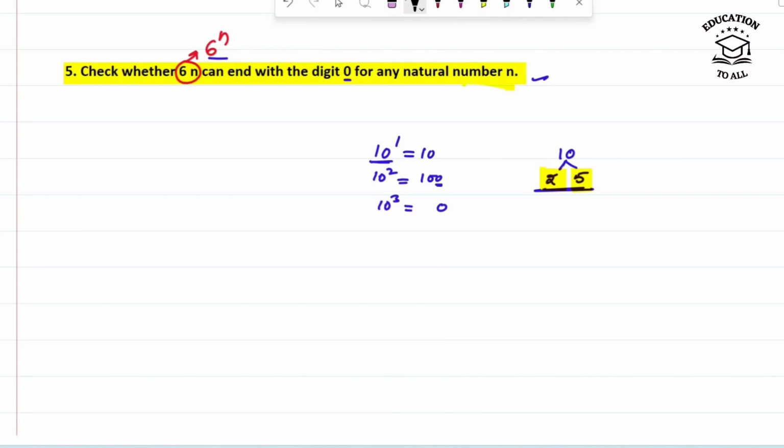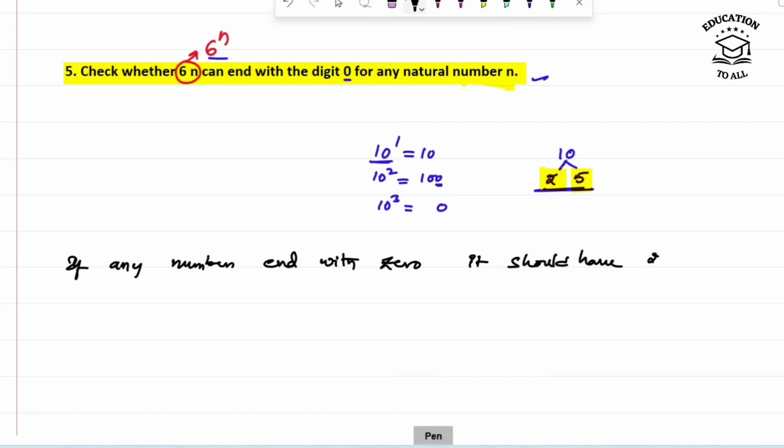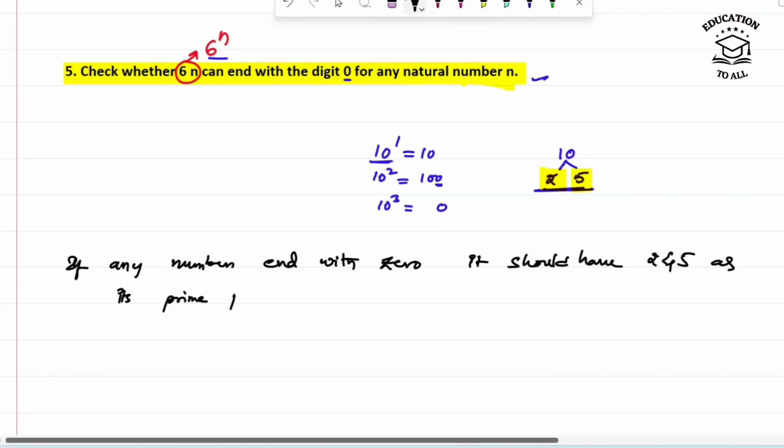First, we have tried the reason. If any number ends with 0, it should have 2 and 5 as its prime factors.